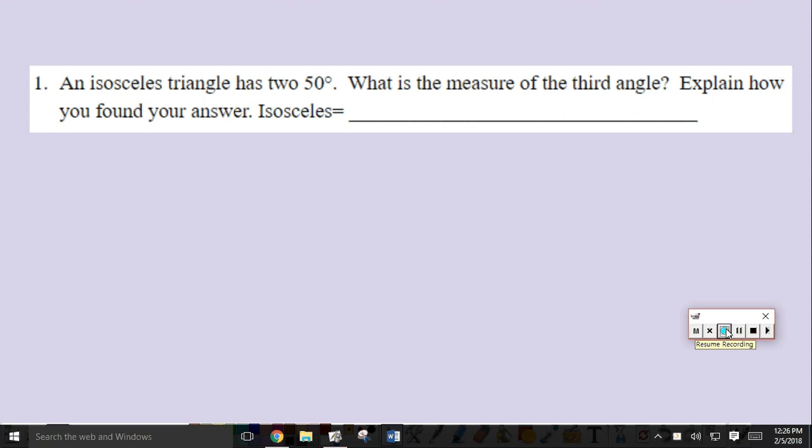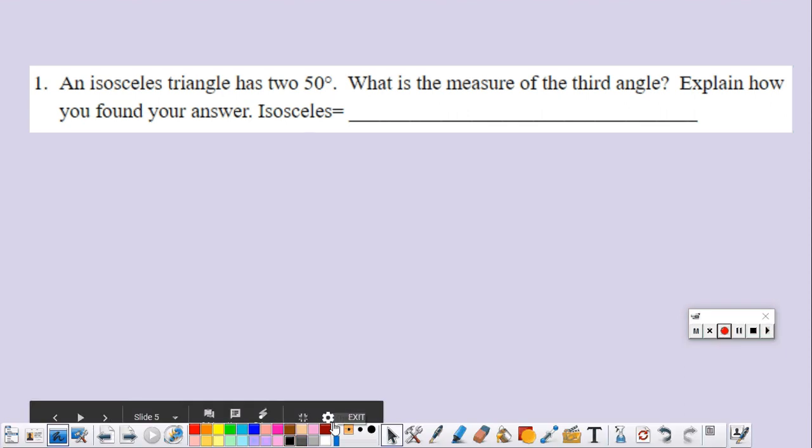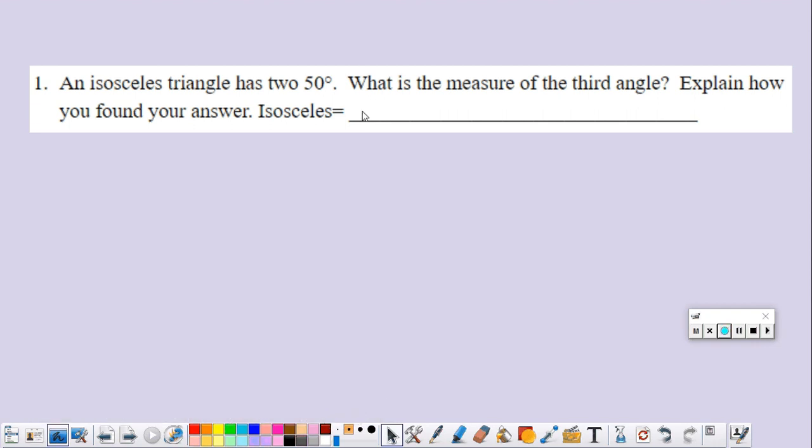Alright, number 1. An isosceles triangle has two 50-degree angles. What is the measure of the third angle? And explain your answer. To explain, all I want you to do is draw your work, or show your work. Okay? So, what did we say that an isosceles triangle is? Two sides are the same.